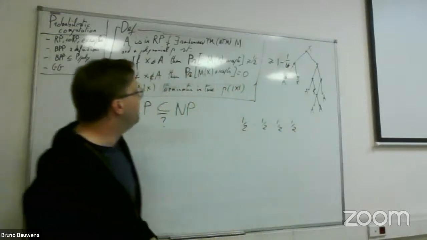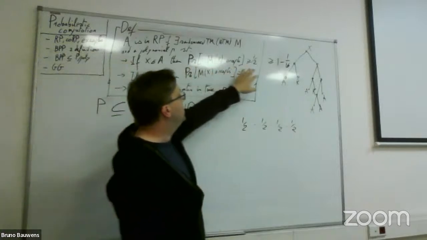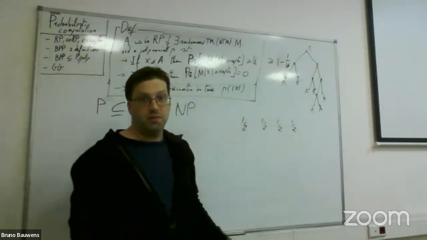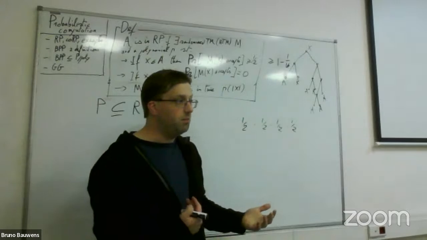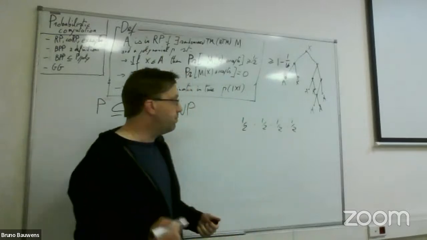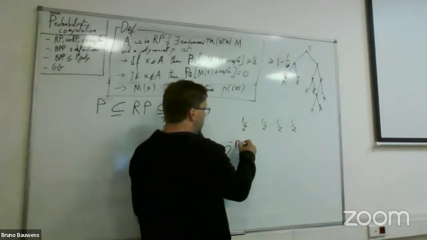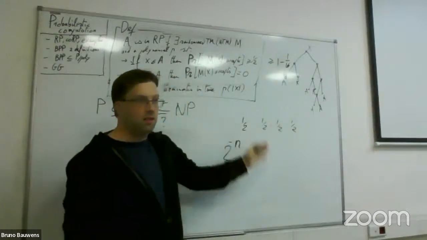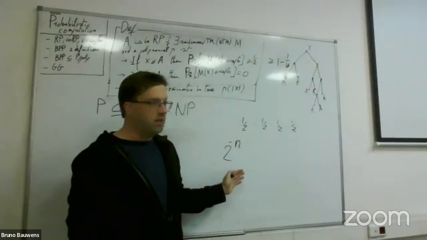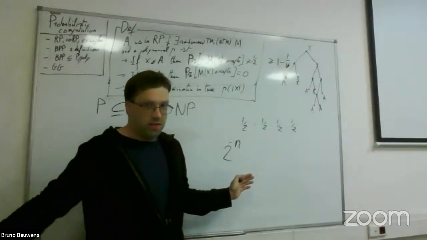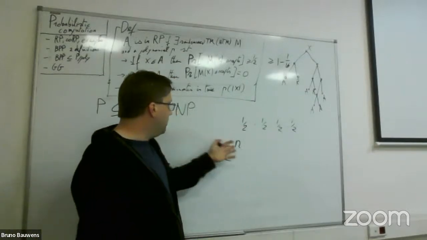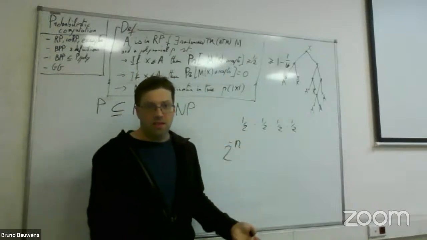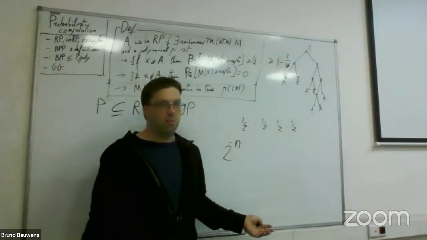And in fact, we can make this error exponentially small. We can run the machine n times, where n is the input length, and have failure probability 2 to the minus n. And if n is large, then this probability is negligible. So even if someone's life depends on it, if n is a few hundreds, it's as good as deterministic computation.